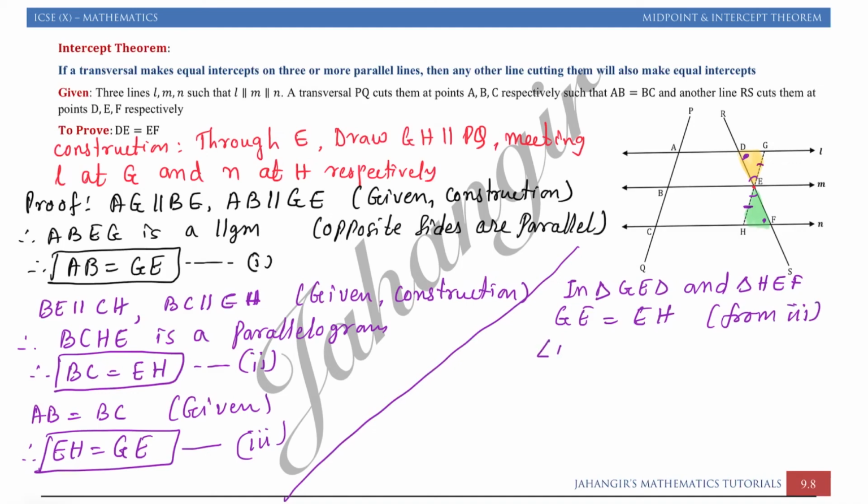Then angle DEG is equal to angle FEH, vertically opposite angles. In the third part, we can write angle GDE is equal to angle HFE, alternate angles.